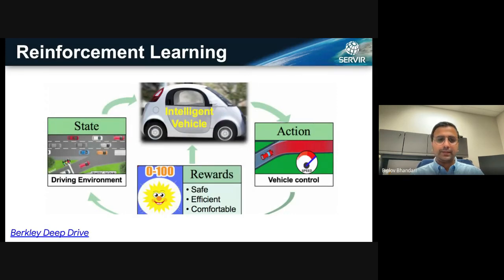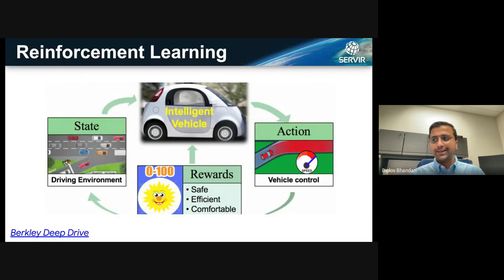That is the environment provided to the agent. And then there is something called a state for that particular agent. In this case, the state would be, for example, the speed of the vehicle, the position of the car, and the position of the other vehicles with respect to the car.